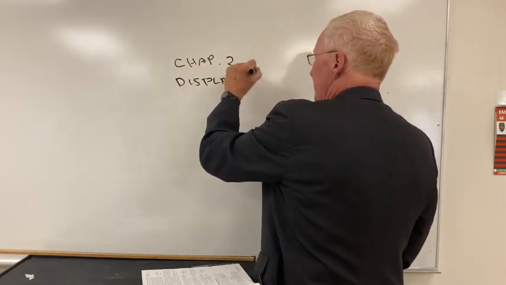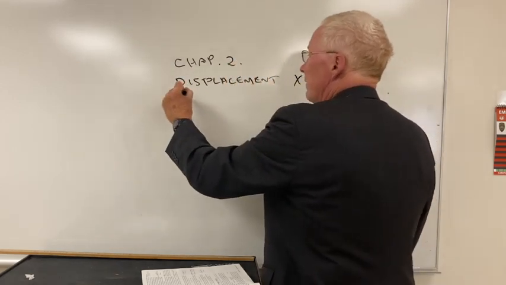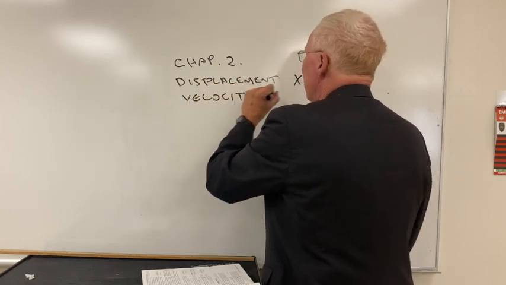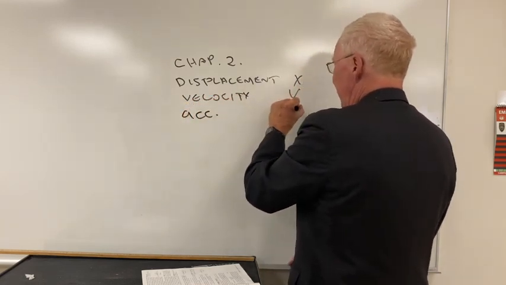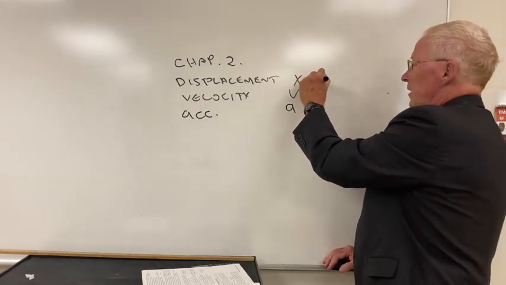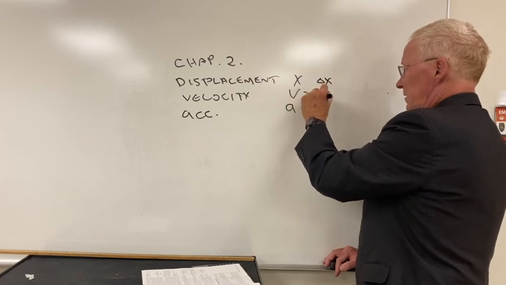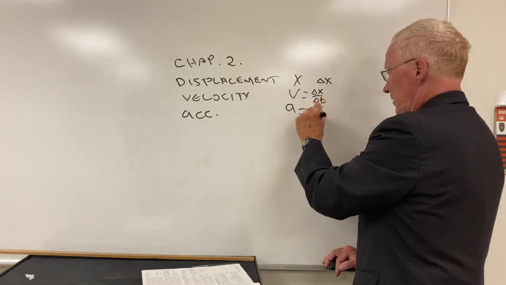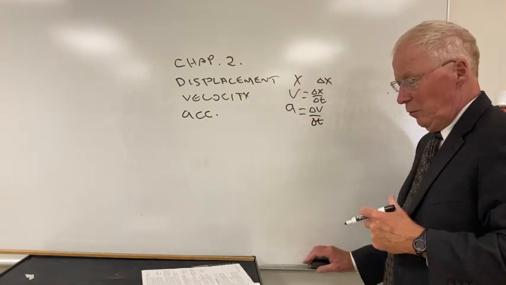Now we talk about displacement, x, velocity, v, and acceleration, a, and change of displacement, change of velocity. Again, we're using delta x. Velocity is change of distance over change of time, and acceleration is change of velocity over change of time. All right, so we'll be dealing with that.